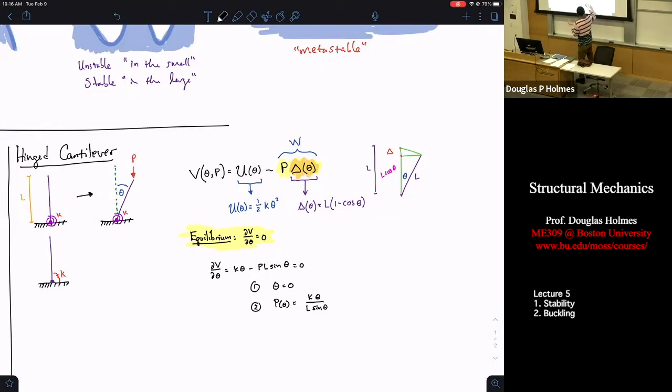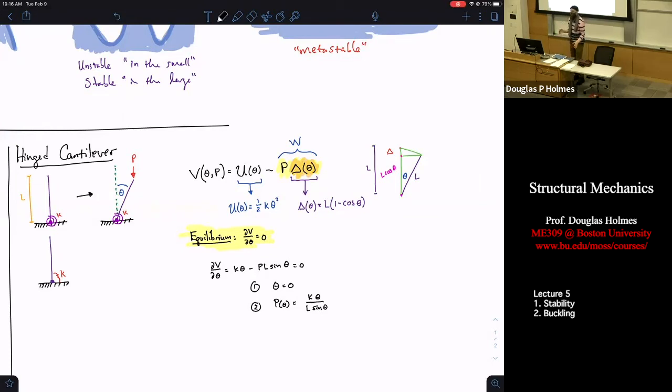So here, look, we have two options. Either we can stay undeflected forever, or we can always deflect, or some combination of the two. And we have to evaluate the stability of these equilibrium configurations to determine what's going to happen.